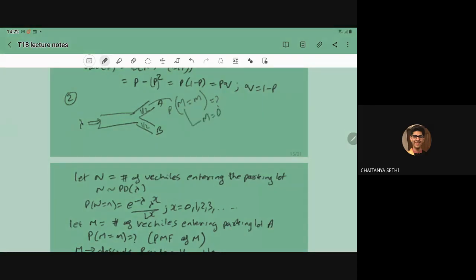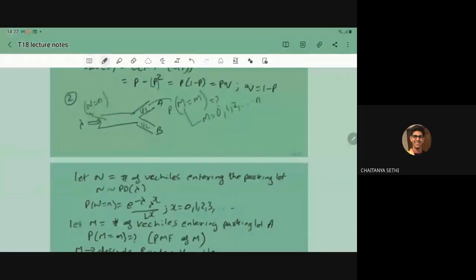There may be zero vehicles, one vehicle, or at most how many vehicles it can be? If there are capital N vehicles, then m can be at most up to capital N.